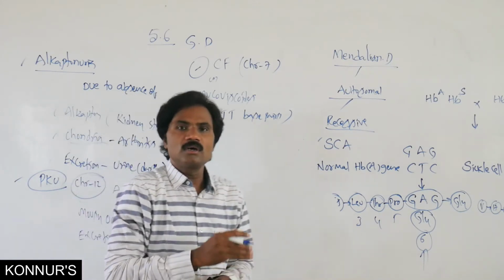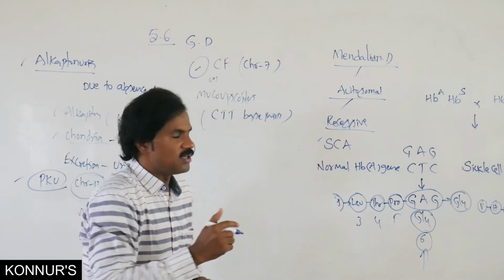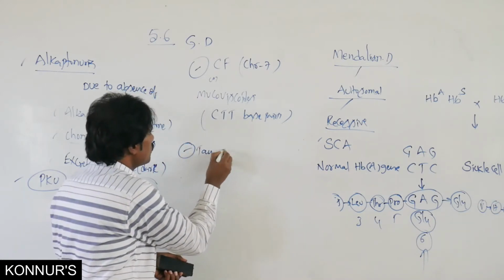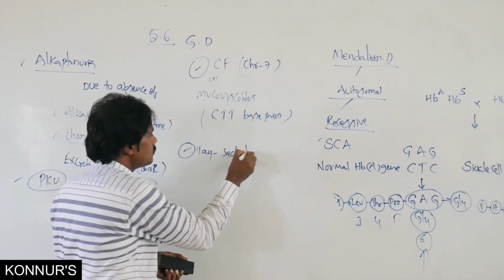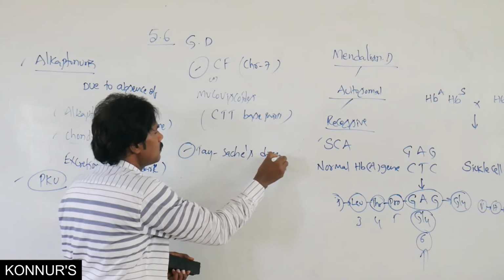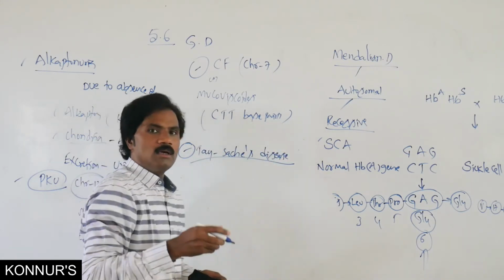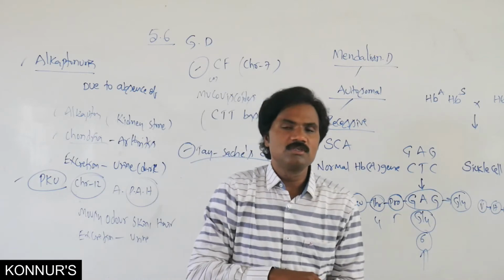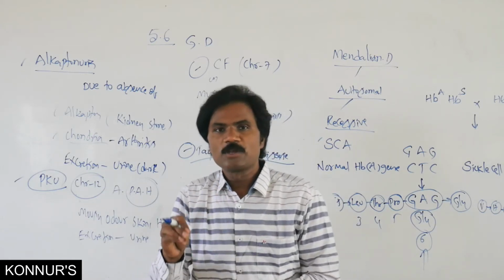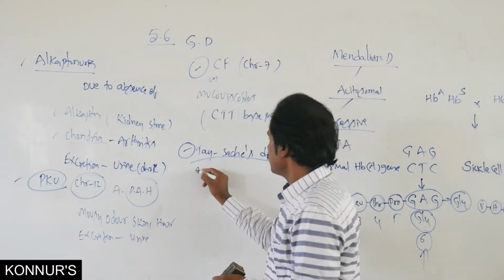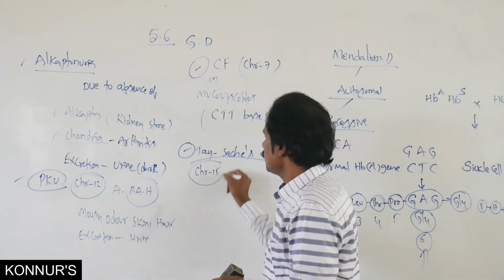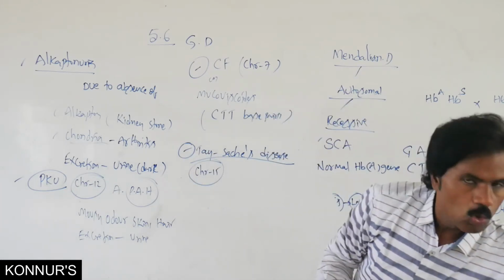Next, there is Tay-Sachs disease. Normally, the defective gene is present on chromosome 15.